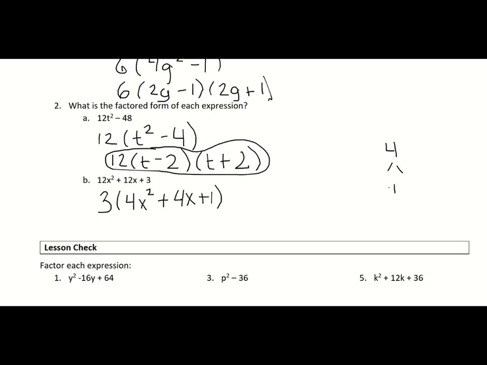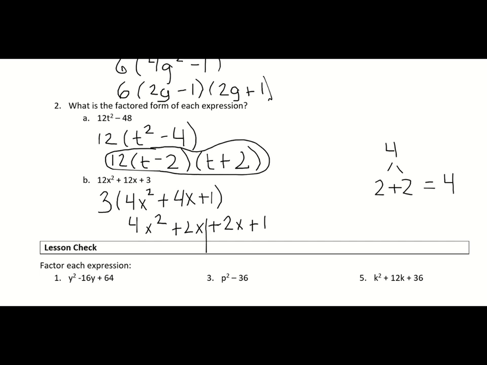And I need two numbers that multiply to 4 that will add to the middle number 4. That will be 2 and 2. So I'm going to rewrite this as 4x squared plus 2x plus 2x plus 1.